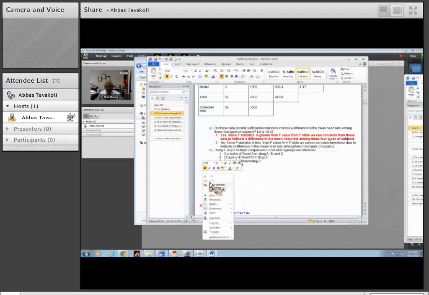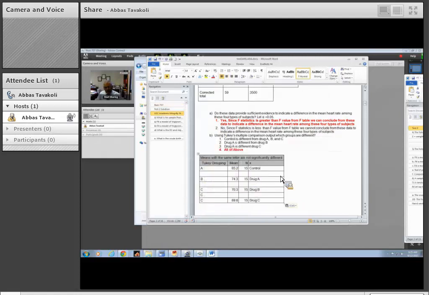If you look at the Tukey outcome, we see control has no connecting letter with the other drugs. That means control is different from drug A, B, and C.